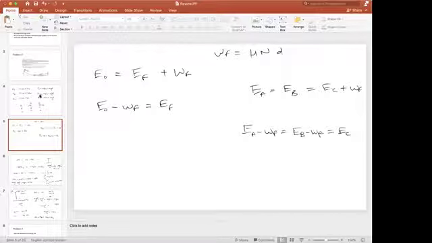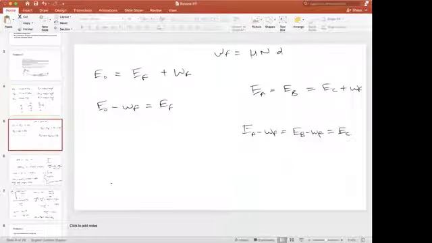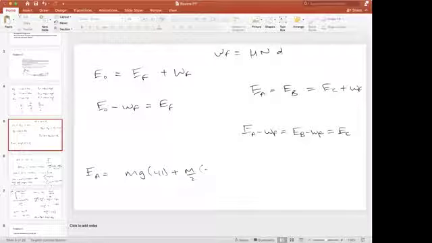So coming back and putting in variables here, EA we said was mg times 44, plus m times 33 squared over 2, and I'm not putting in the mass yet. That's equal to EB, and at B we know h is 0, so it's 0 plus m v_B squared over 2.